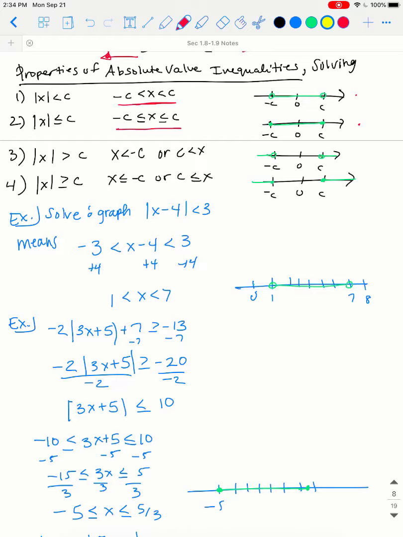If my absolute value of x is greater than c, that means that x is less than -c or c is less than x. That's the one where our values could be to the right or to the left of our c values because we want it to be greater than. So if my absolute value is greater than or equal to c, that means x is less than or equal to -c, or c is less than or equal to x.